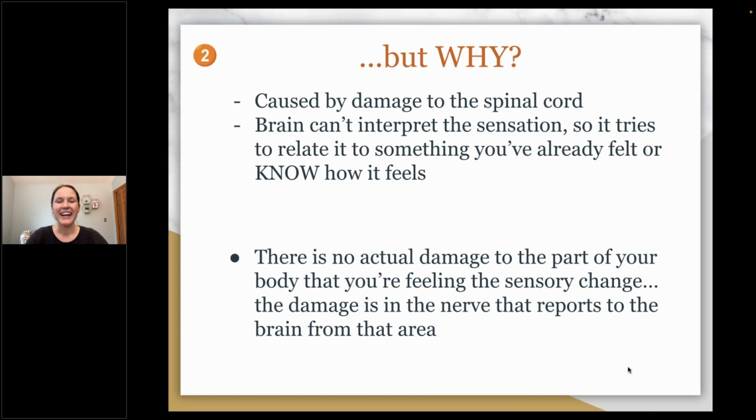So why? I'm someone who loves to know the why behind why something is happening, especially when it comes to multiple sclerosis. It can be easier in the orthopedic or musculoskeletal world, where it's easy to know why we're experiencing pain. We fell on our knee, so our knee hurts.